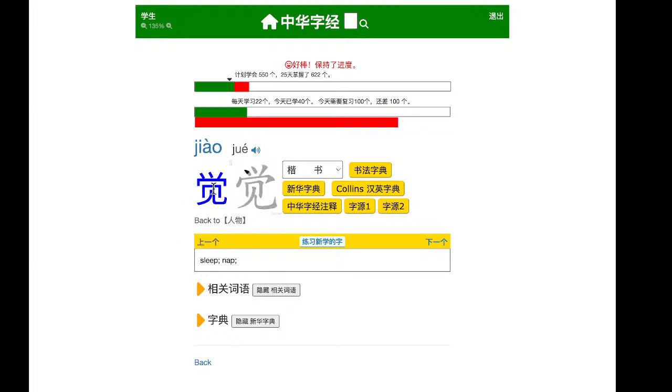Normally you see this in combination with 睡, which is the word for sleep. 睡觉, for going to sleep. That's one of those things where 睡 is the verb and 觉 is the noun. So you might hear someone say 睡个觉. They're sleeping, asleep.